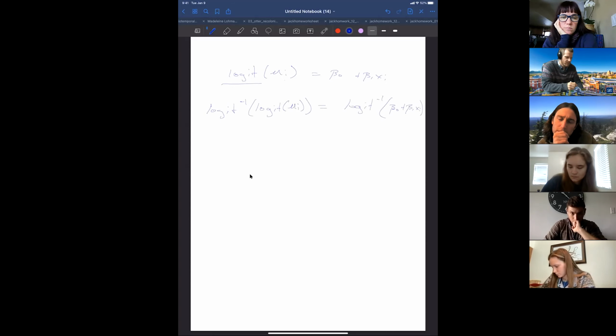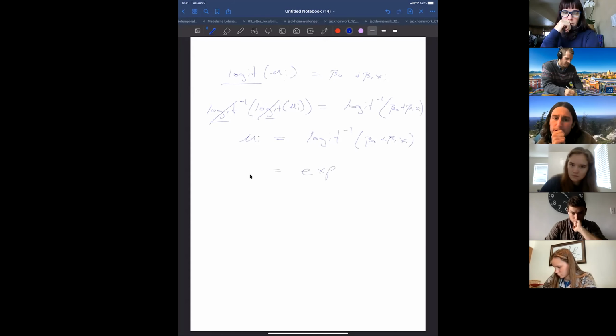Because we're doing the same thing to both sides, the right-hand side and the left-hand side, we can do that in algebra. So when we do the inverse logit of the logit, these cancel out. We have mu i, and that equals this inverse logit function, which is this.